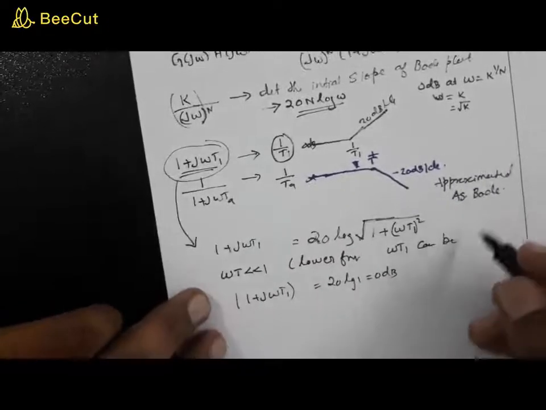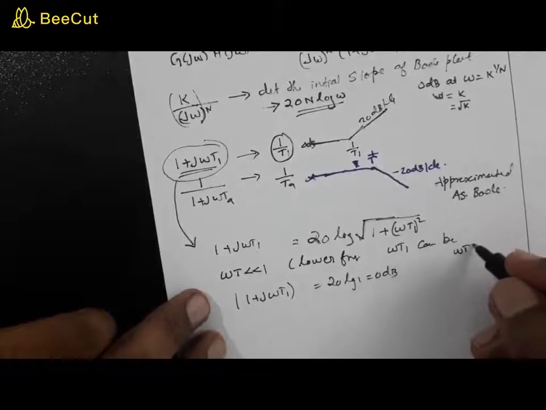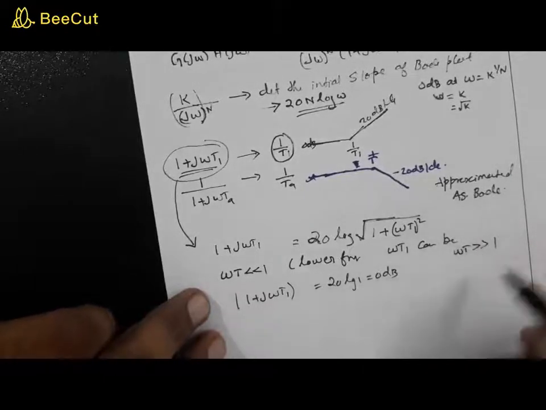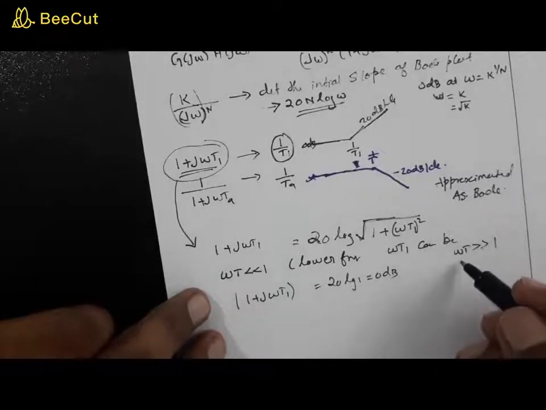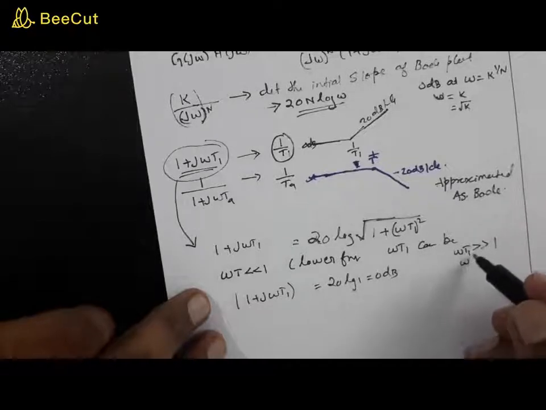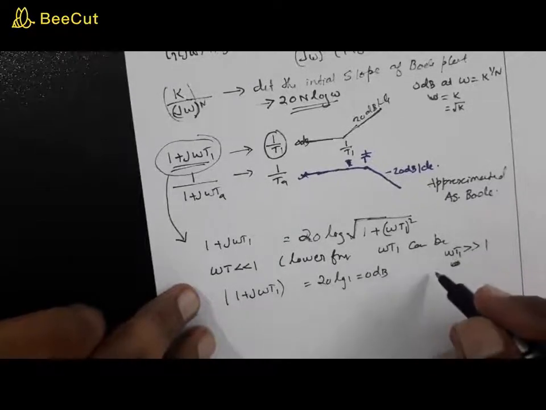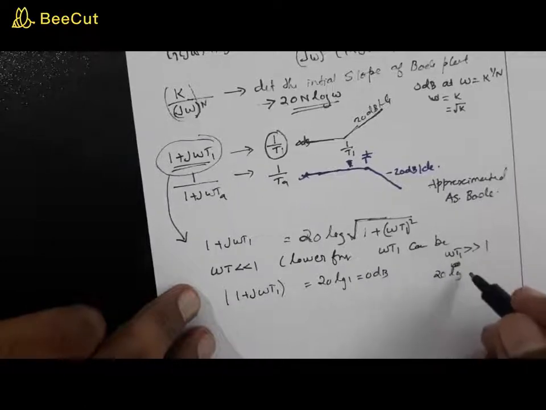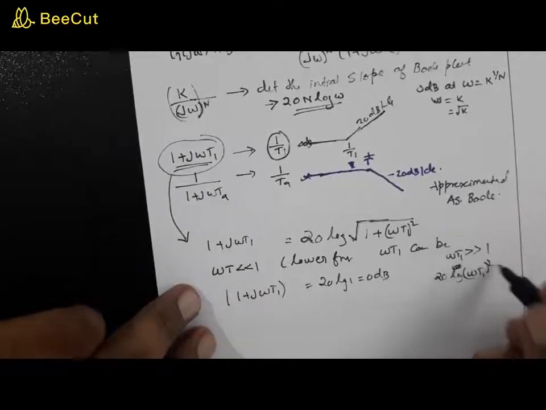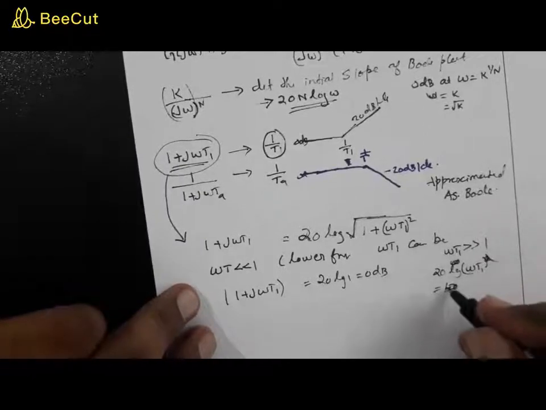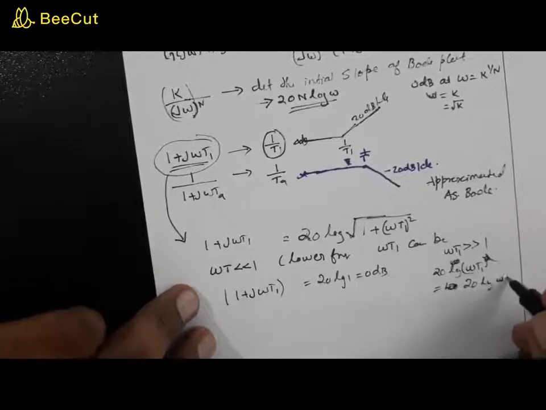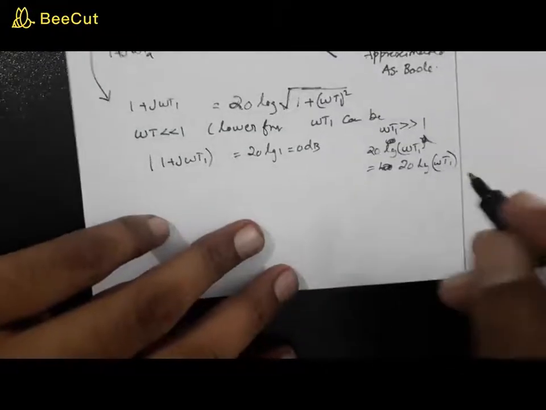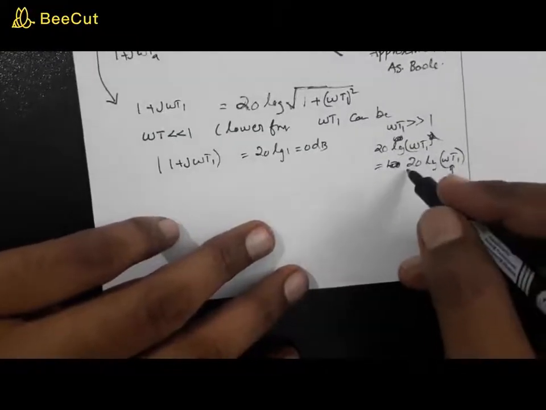Now for the case of omega T1 much greater than 1, the magnitude becomes 20 log omega T1. And from this we have seen that for the variation of a decade of this quantity, it increases at 20 dB per decade.